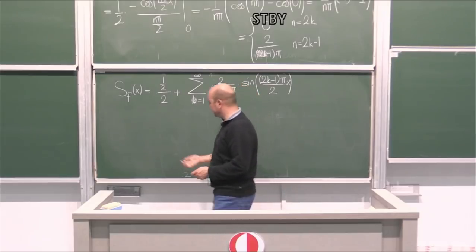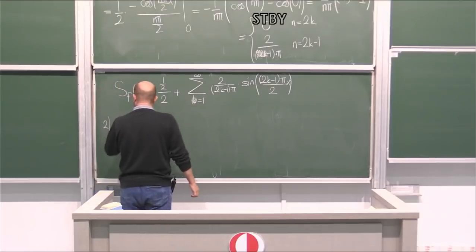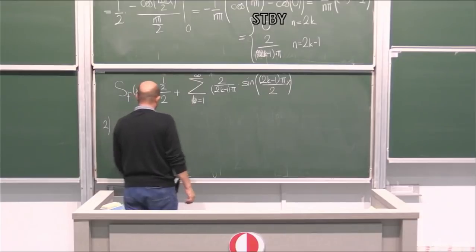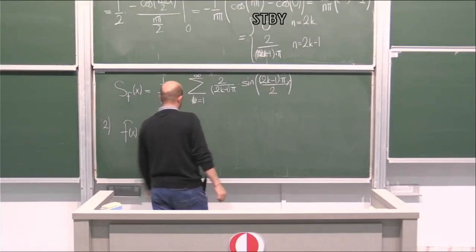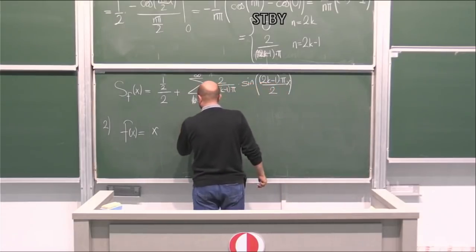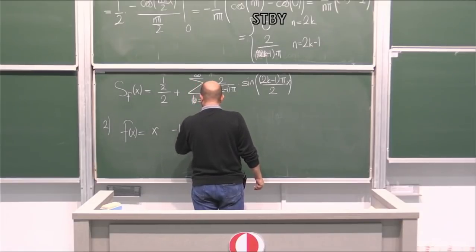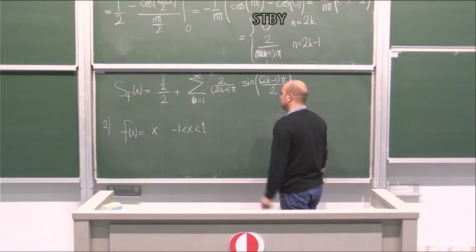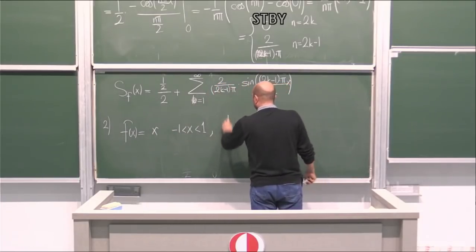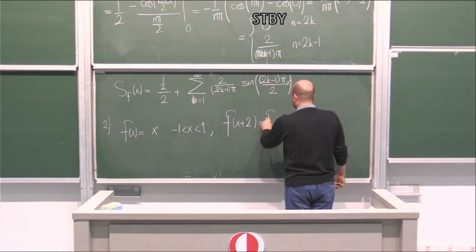Okay, now the second example is the following. So f of x is equal to x, when x is between minus 1 and 1. Just take this function x between -1 and 1, but then make it periodic.